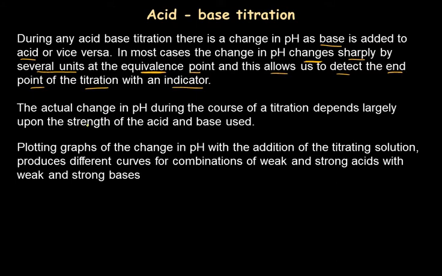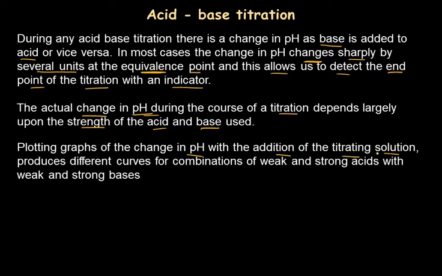Now, the actual change in the pH during the titration depends largely on the strength of the acid and base used, that is, whether the acid is strong or weak, and whether the base is strong or weak. That can be detected by plotting a graph of the change in the pH with the addition of the titrating solution.